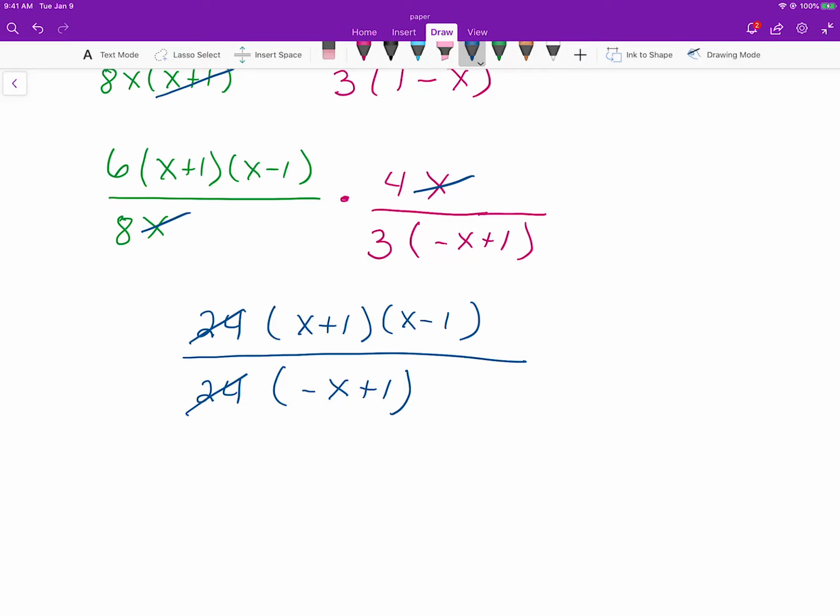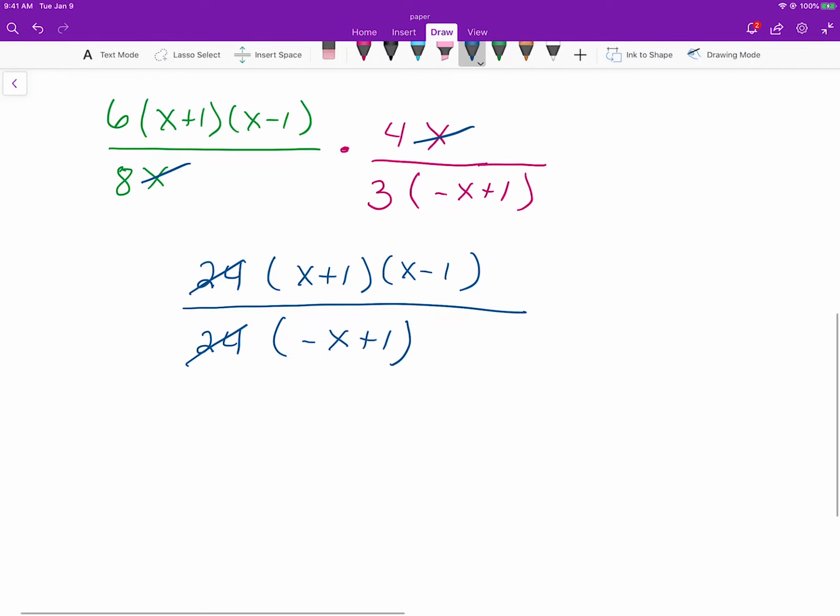And then I want to cancel out, but my signs are different. So in order to do this, I can factor out a negative 1 out of the denominator. Because if I factor a negative 1 out of the denominator, this turns out to be x minus 1 here.